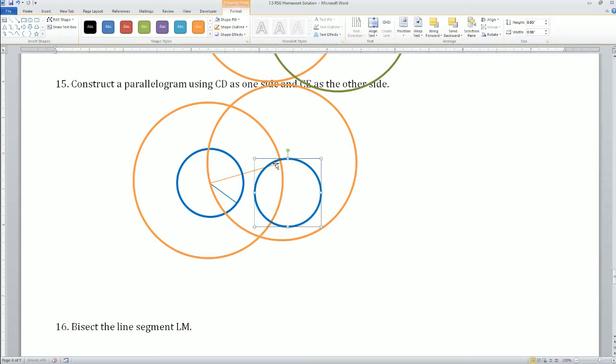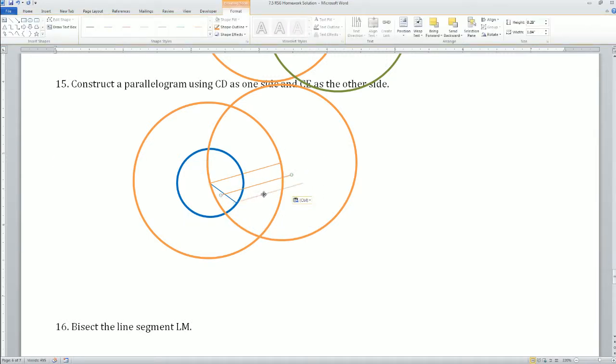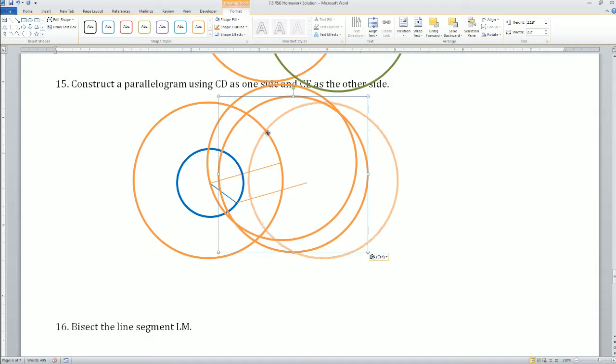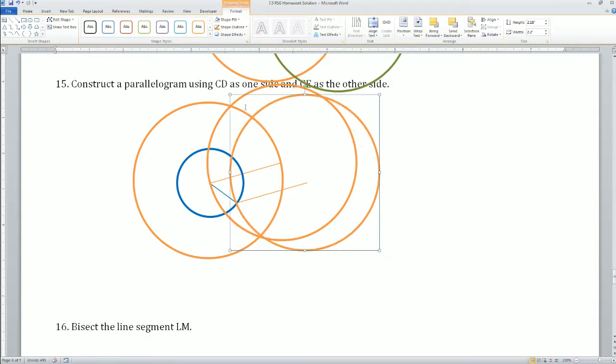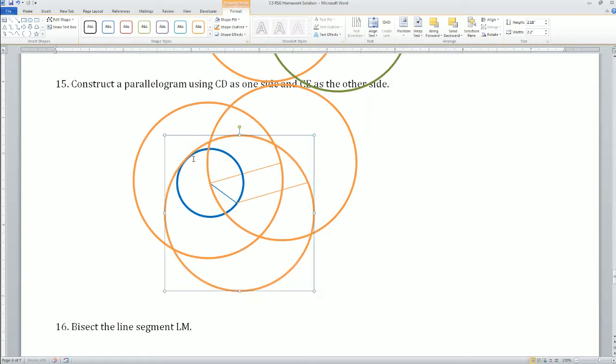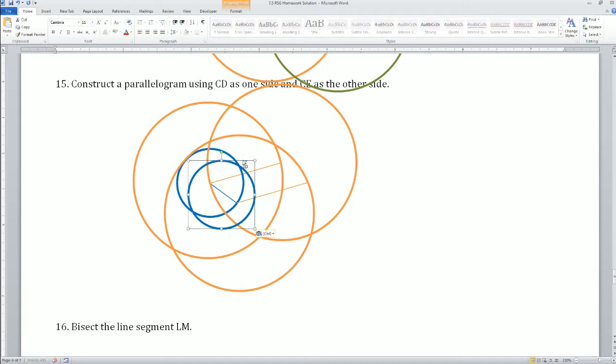Okay. Boom. From here. Alright. That can be this circle. You can make it this circle if you want. Yep. And that would be one more.